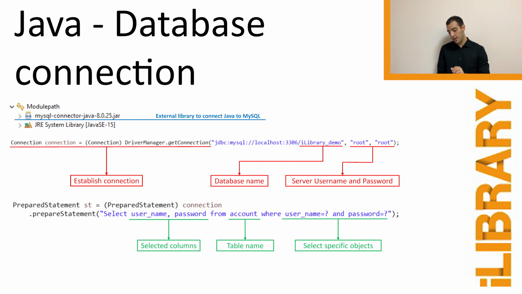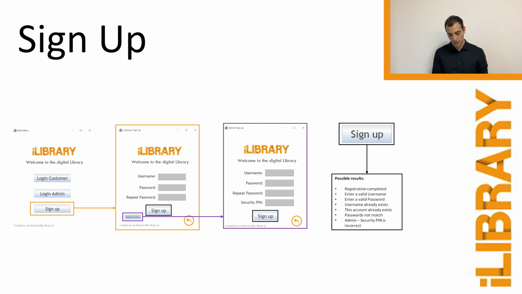Then we say in which table we need to find those columns. In this case, it's account, the table name. And then there is how to find a specific object. We say where username is equal to the input that we put before, and the password is equal to the input that we put before.